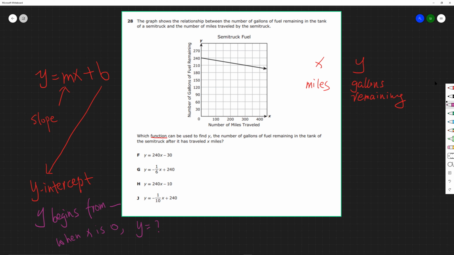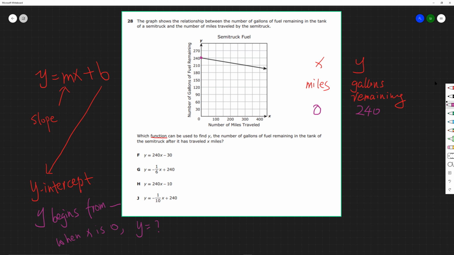Let's take a look at this graph. This line has an intersection with this y-axis, this vertical axis, and this intersection is here. So at this point, you can see the corresponding x is 0. So x is 0 means there's 0 miles traveled. The truck has not traveled. And the corresponding y is 240.